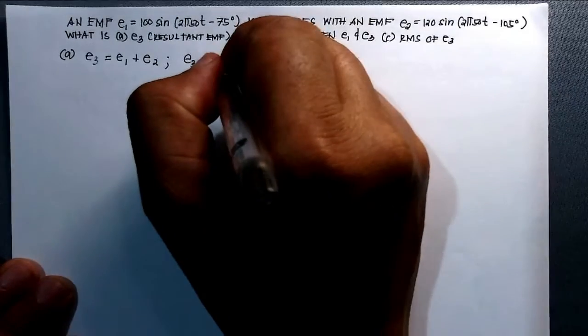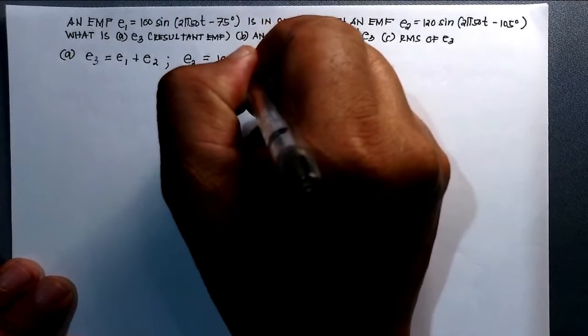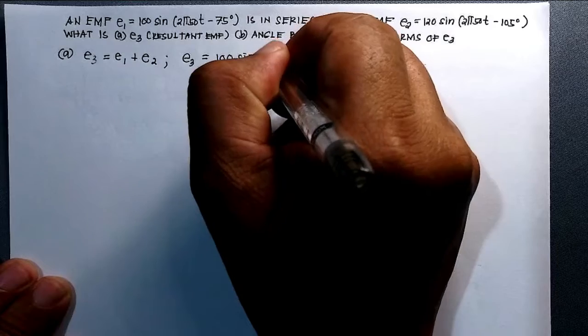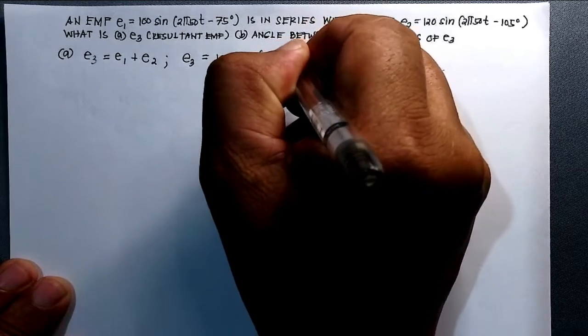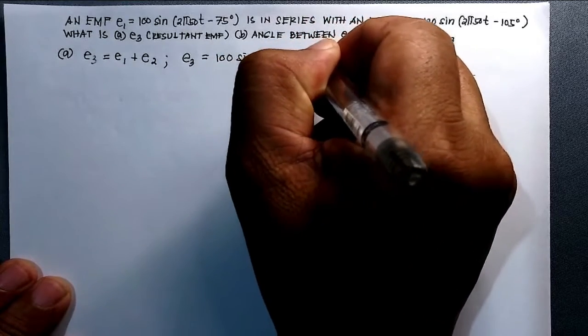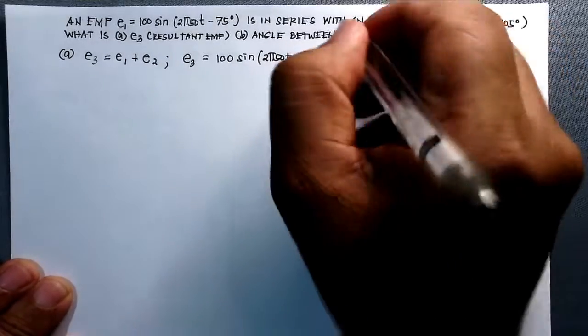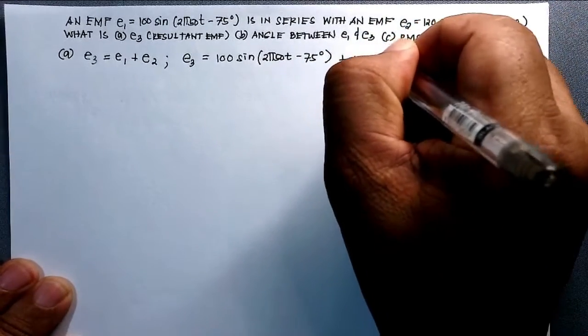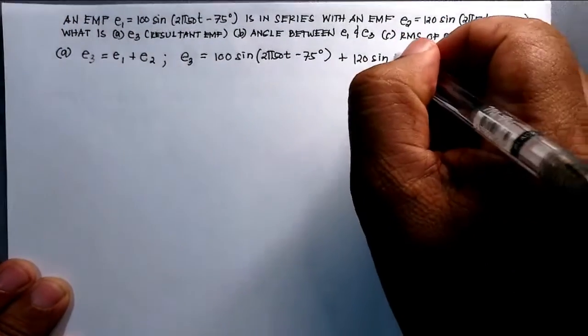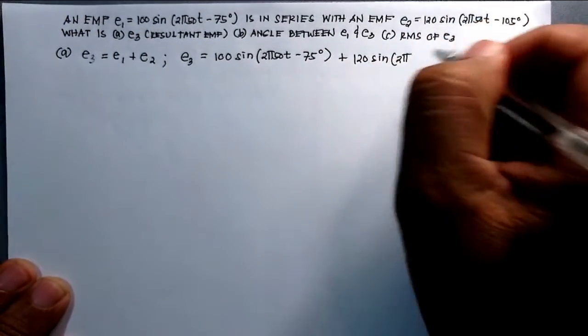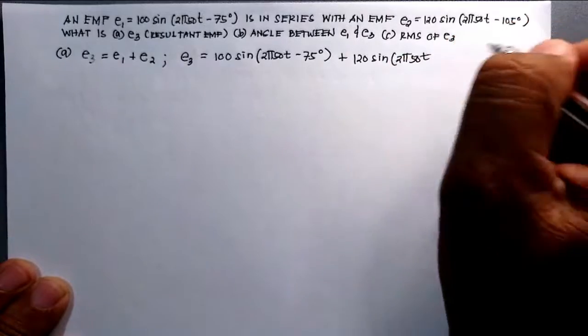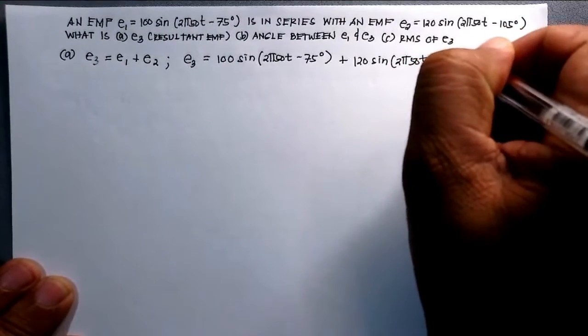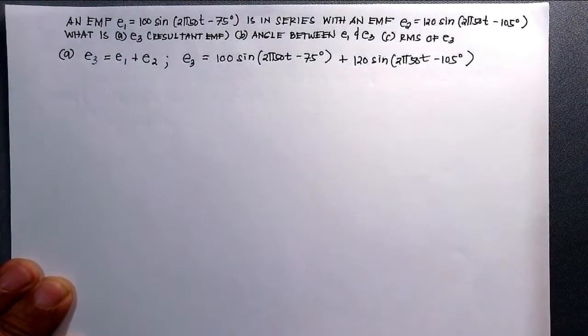For E sub 1 we have 100 sine (2 pi 50 t minus 75 degrees) plus E sub 2, which is 120 sine (2 pi 50 t minus 105 degrees).